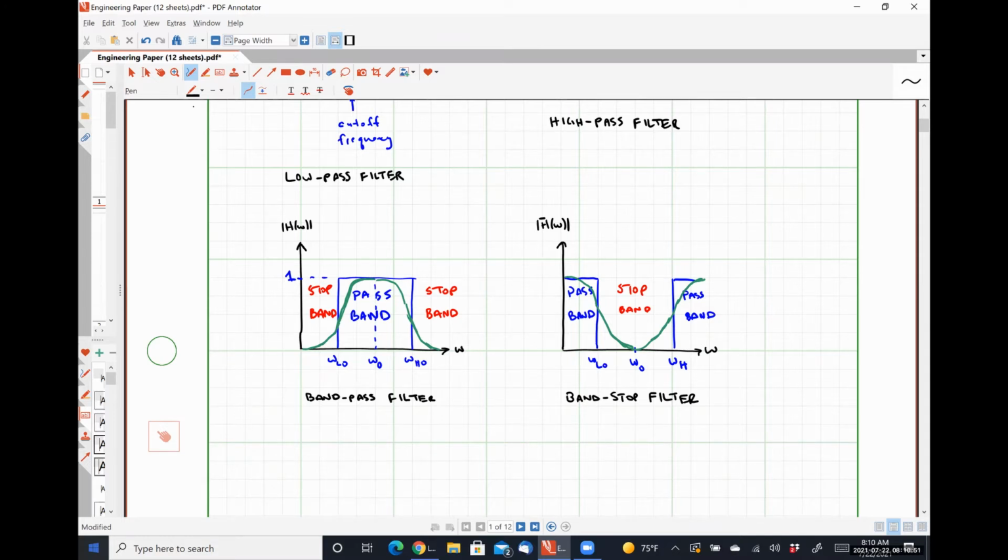For those of you that have had Math 245 and are aware that any signal can be broken down into a sum of sinusoidal signals having different frequencies due to what's called a Fourier transform, we can easily see how filters can accept or reject specific sinusoidal components of a signal.